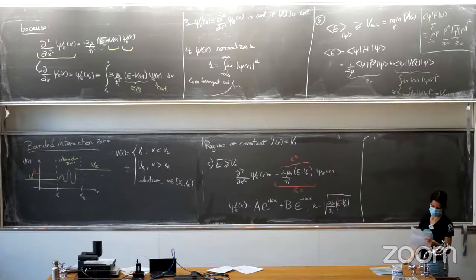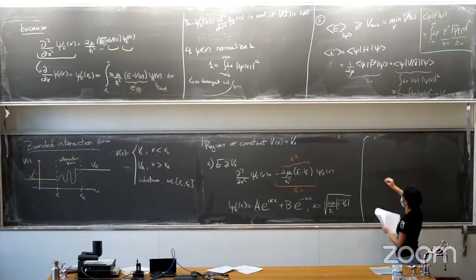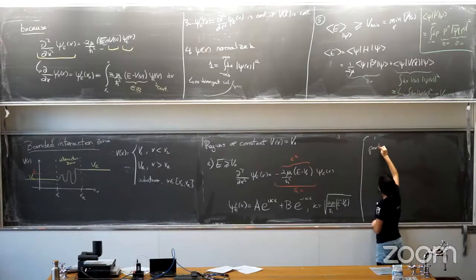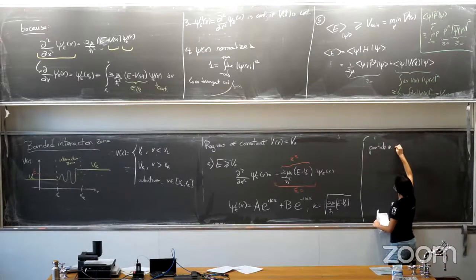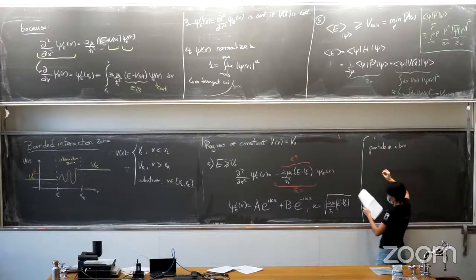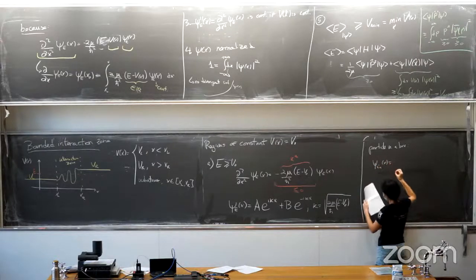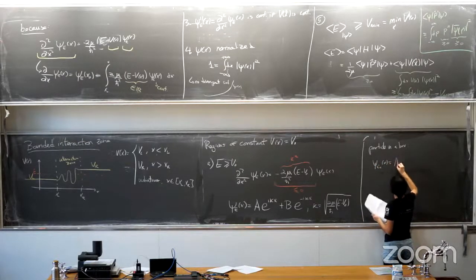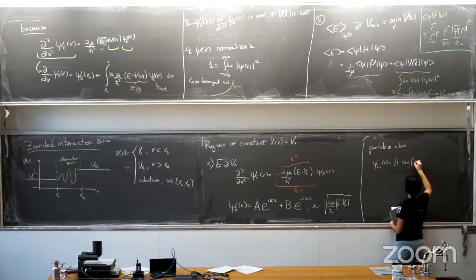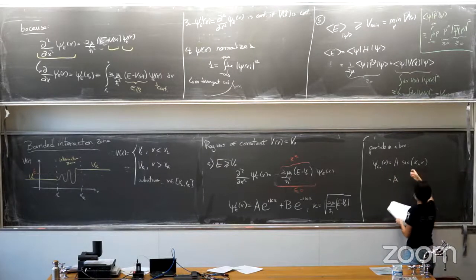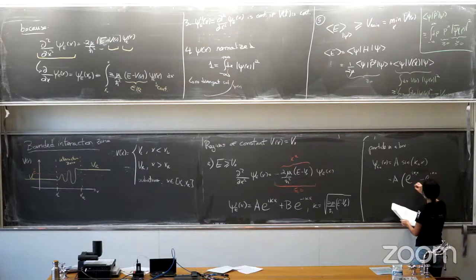The first one was the particle in a box. That we saw that this was a times some sine of kx, but this you can see as, well, you can just expand the sine in e to the ikx, minus e to the minus ikx, over 2i, right?